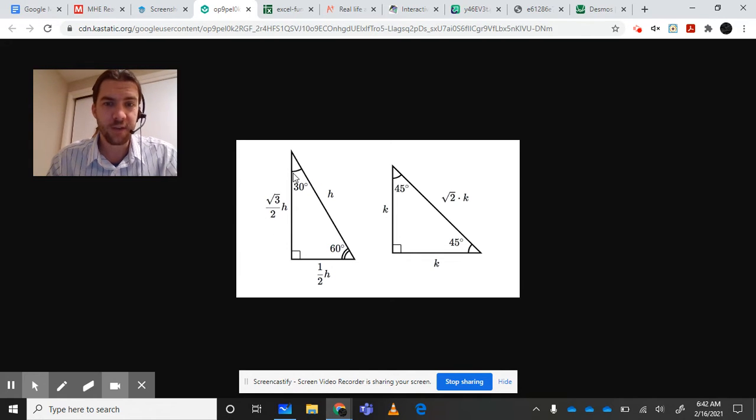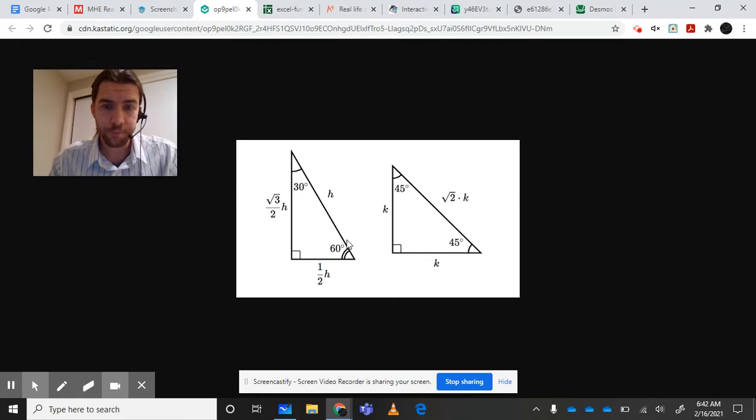If I ask for the sine of 30 degrees, that would be opposite, so straight across, 1/2, divided by the hypotenuse, 1. So 1/2 divided by 1 is 1/2. We would say that the sine of 30 degrees is 1/2. That means that when you have a 30-degree angle, your opposite side will be half as big as the hypotenuse.